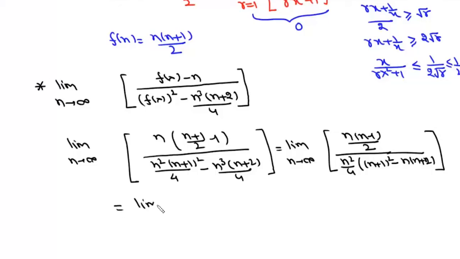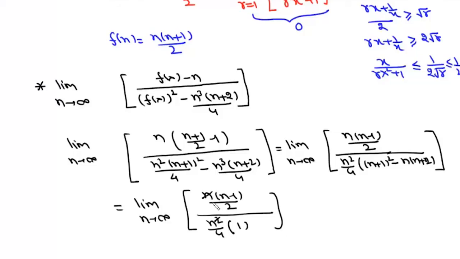Now this is limit n tends to infinity, and this is (n minus 1 by 2), and here it is n square by 4. Now here n square plus 2n will cancel, so this value will be simply 1.